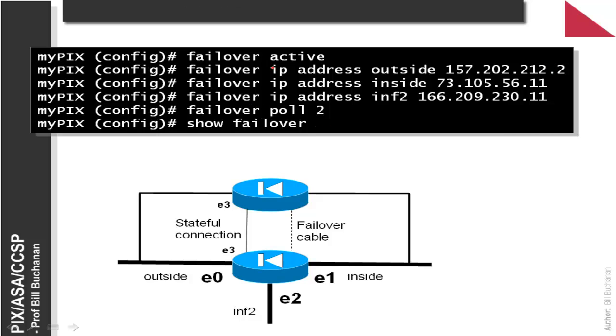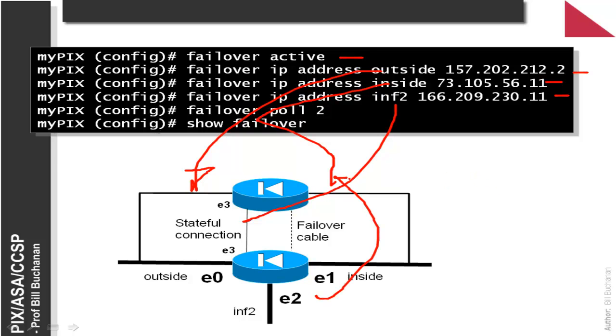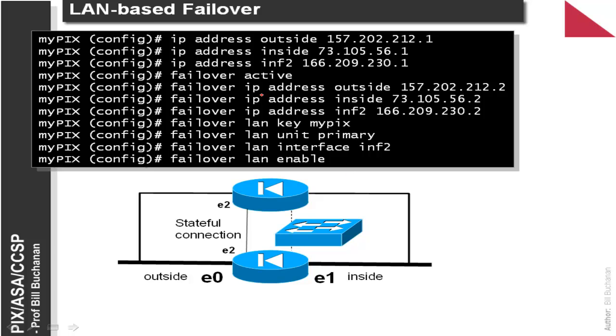And for configuration, we say that failover is active, and then we define the failover addresses for each of our ports. So inside will be this one, INF2, and outside will be the secondary, the IP addresses that will be taken over on the device. For LAN-based, we can define our primary IP addresses.